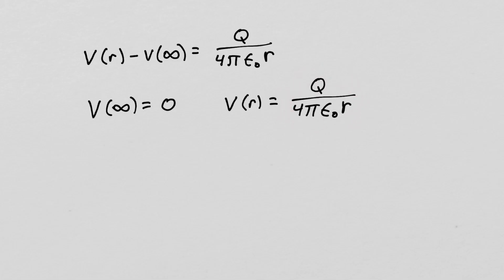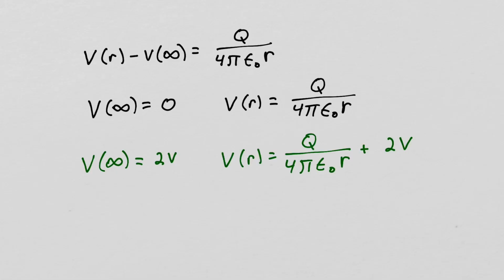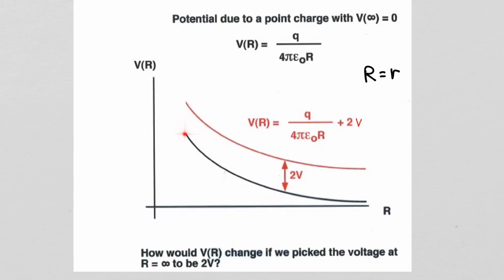It would be equally valid for me to pick 2 volts as the potential at infinity. In this case, with V at infinity being 2 volts, our potential at location R is Q over 4 pi epsilon sub 0 R plus 2 volts. Here is the plot of V_R with V at infinity chosen as 0, and here is the plot of V_R with V at infinity chosen as 2 volts.